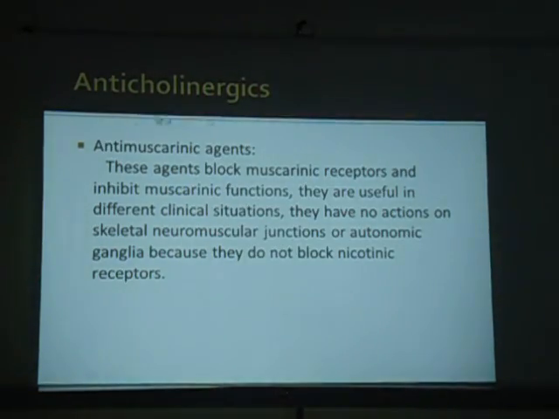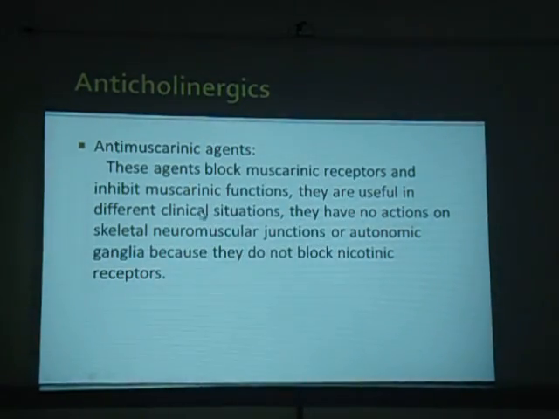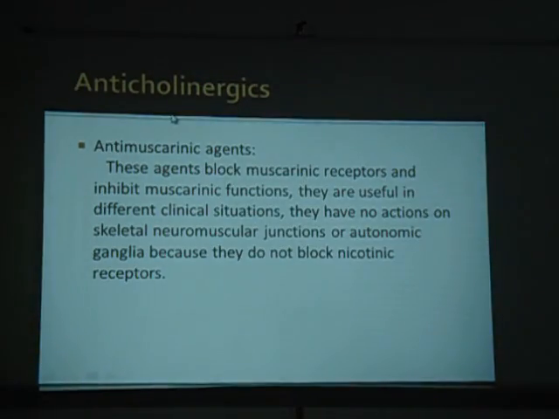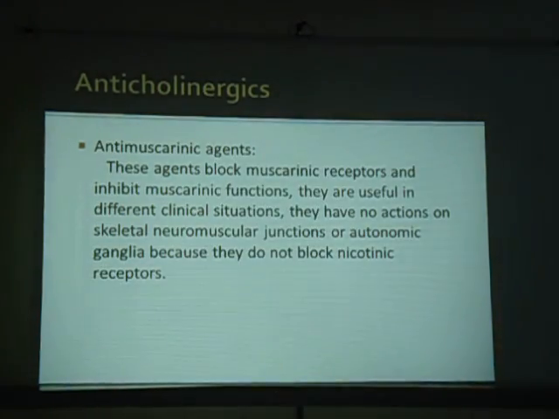So what are these anticholinergic agents? Today we are dealing with the anti-muscarinic agents rather than the anticholinergic agents. Why is it more anti-muscarinic? Because we are not blocking the nicotinic receptors. Okay, that's why it is more of anti-muscarinic agents. That too, we are blocking the M1, M2 and M3 receptors.